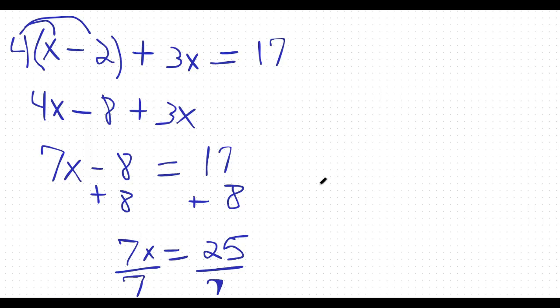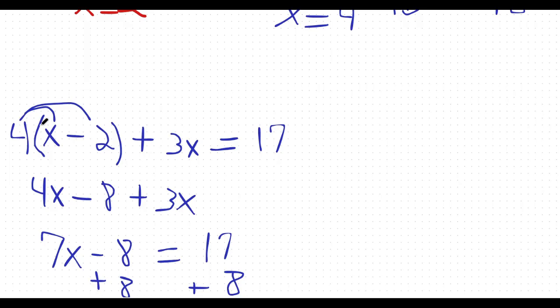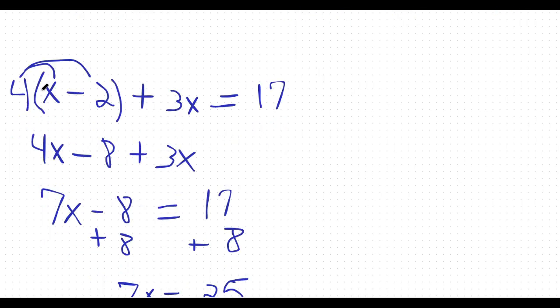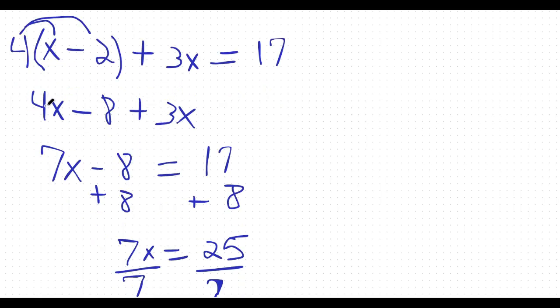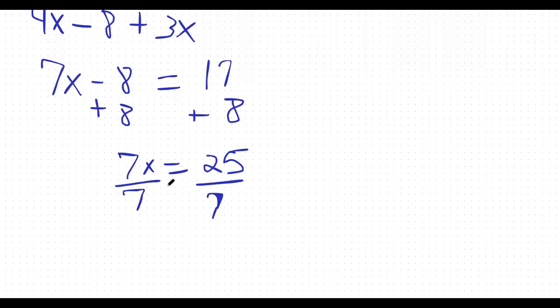So 25 divided by 7. Make sure I did everything right here. 4 times x is 4x, times 2 minus 8 plus 3x. 4 plus 3, plus 8 plus 8. We have 25.